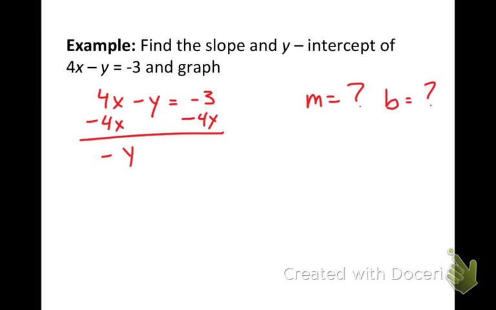So then we get negative y equals negative 4x minus 3. Divide out your negative. That's totally fine. But my brain's just doing all the movement for itself.